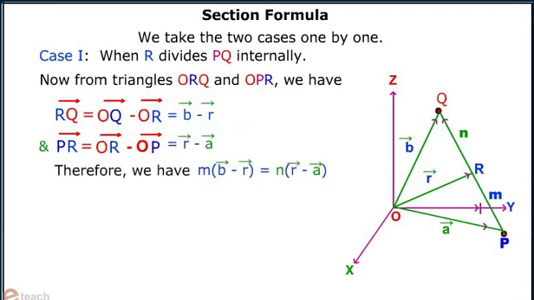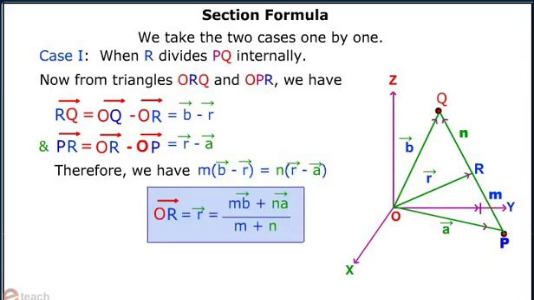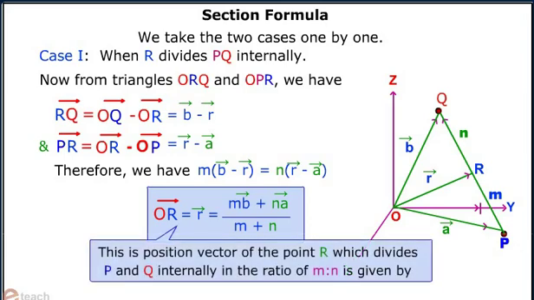Therefore, we have m times (B vector minus R vector) equals n times (R vector minus A vector), which gives OR vector equals (m times B vector plus n times A vector) whole divided by m plus n. This is the position vector of point R, which divides P and Q internally in the ratio of m:n.